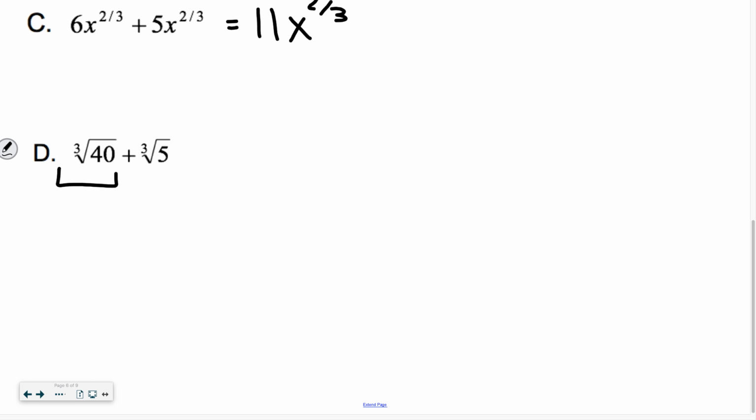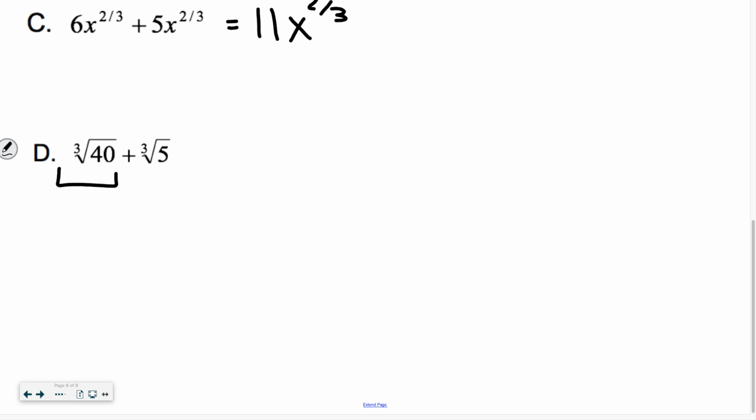It's just like when I was doing that square root of 12 earlier, and I said, I'm going to look for a perfect square factor, 4 times 3, so I got 2 square root of 3. Since this is a cube root, we're looking at 40. Do you have any factors of 40 that are perfect cubes? Look at your perfect cube list.